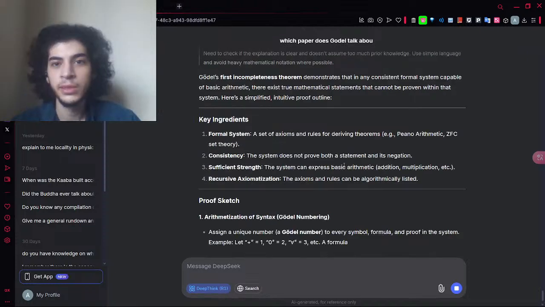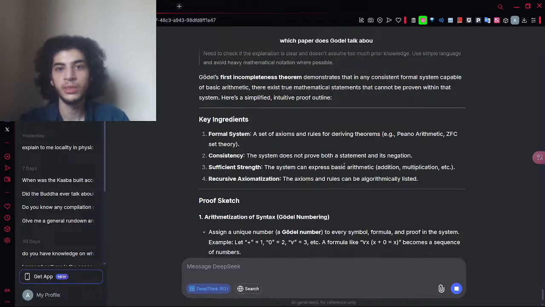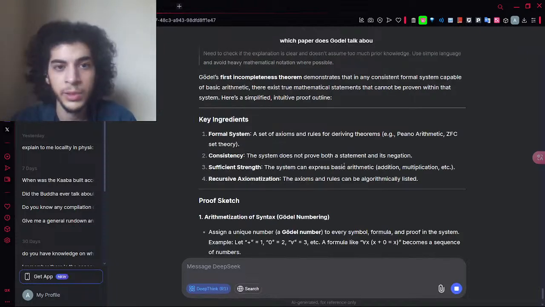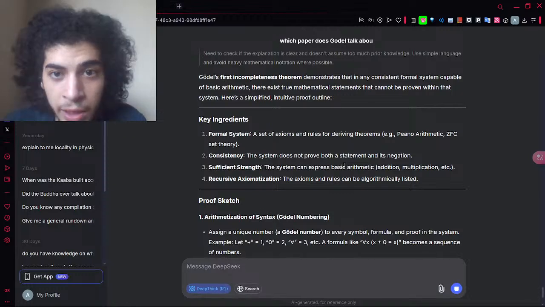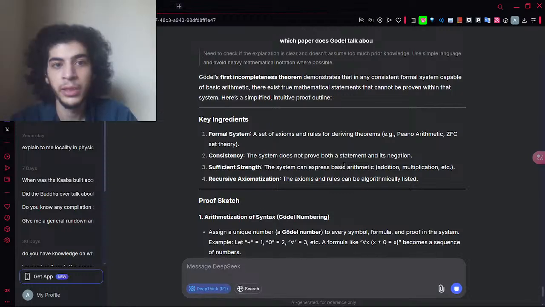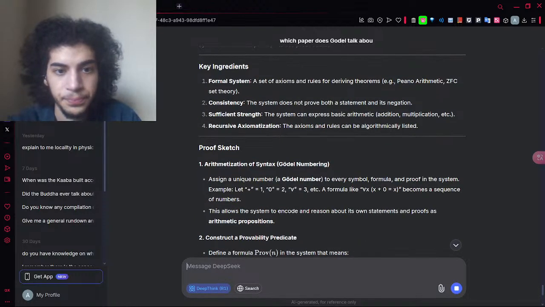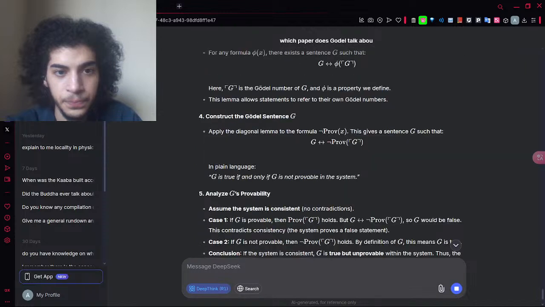Gödel's first incompleteness theorem demonstrates that in any consistent formal system capable of basic arithmetic, there exist true mathematical statements that cannot be proven within that system. Here's a simplified intuitive proof outline.